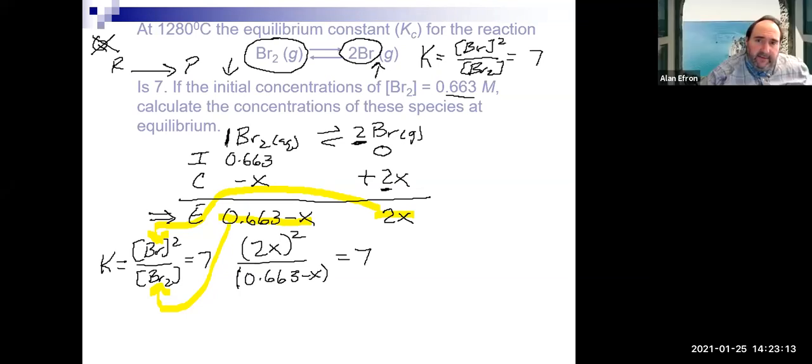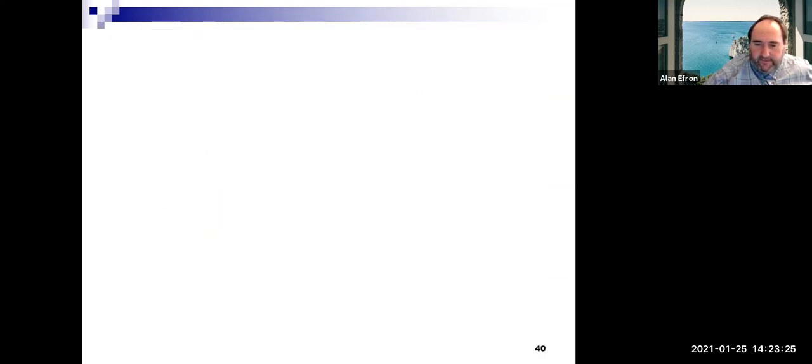So now that we have this, again, like I said, it does become sort of math at this point. So we're going to solve this, and let me flip it to the next page so I have more room. What we got going so far is 2x squared divided by 0.663 minus x equals 7.